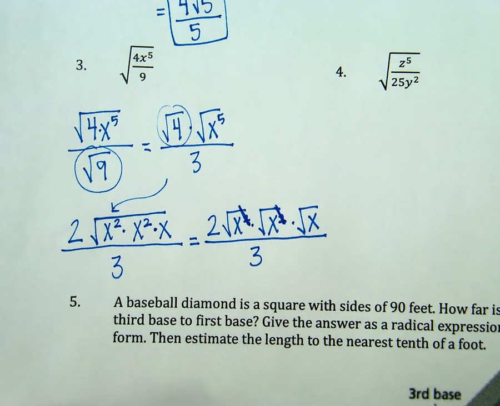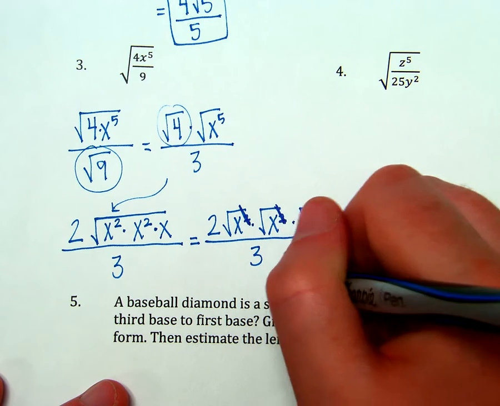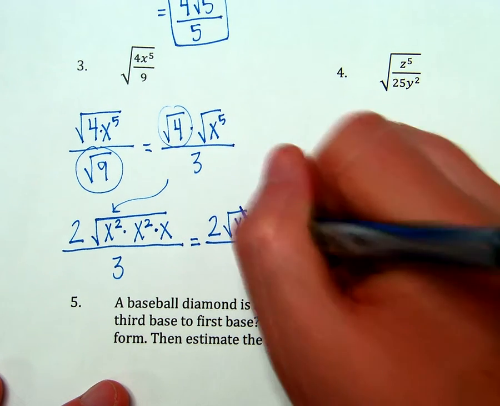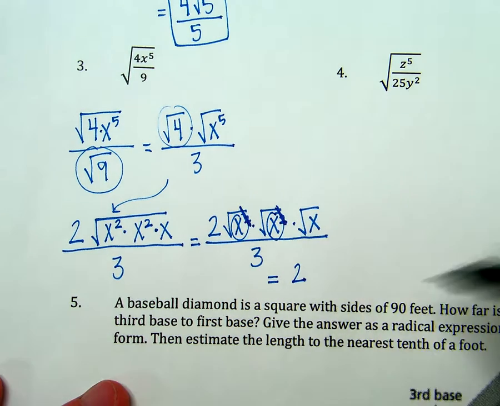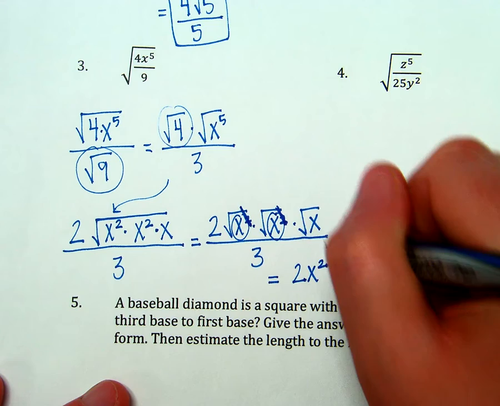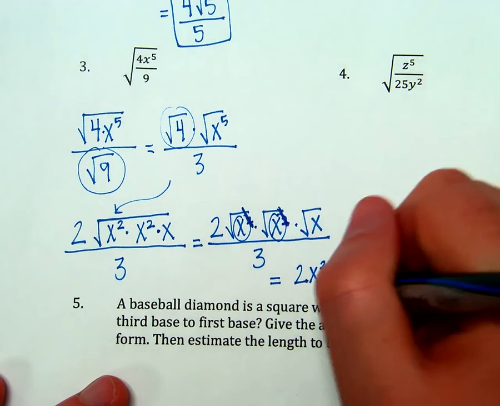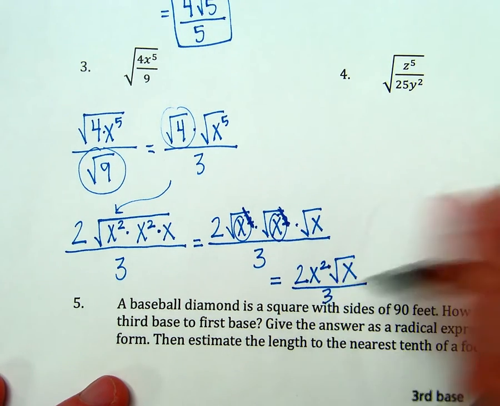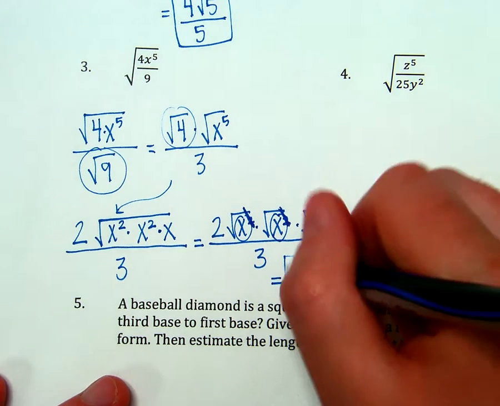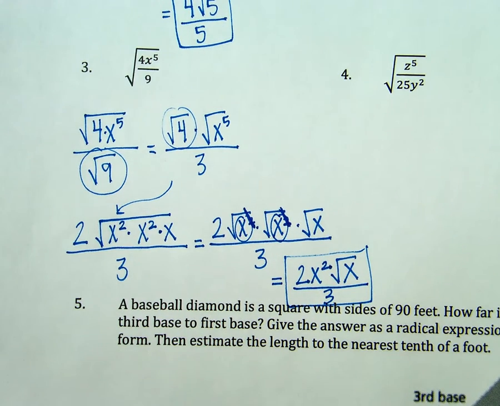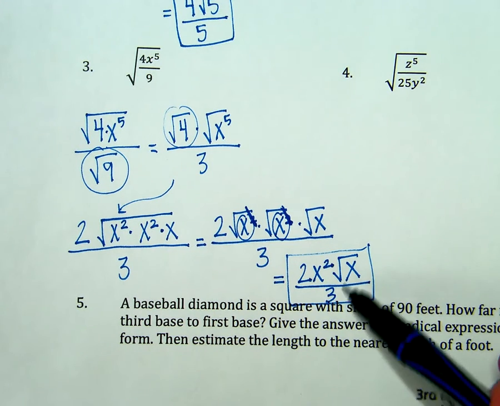And then I can write my final answer for this one as 2. I have an x and another x left, so that'd be x squared. This x has to stay under a square root because it didn't cancel out. And then that all stays over top of 3. So my final answer there would be 2x squared, square root of x, over 3. And again, you can see that there's no square roots in the bottom, so that is perfectly acceptable to leave it that way.